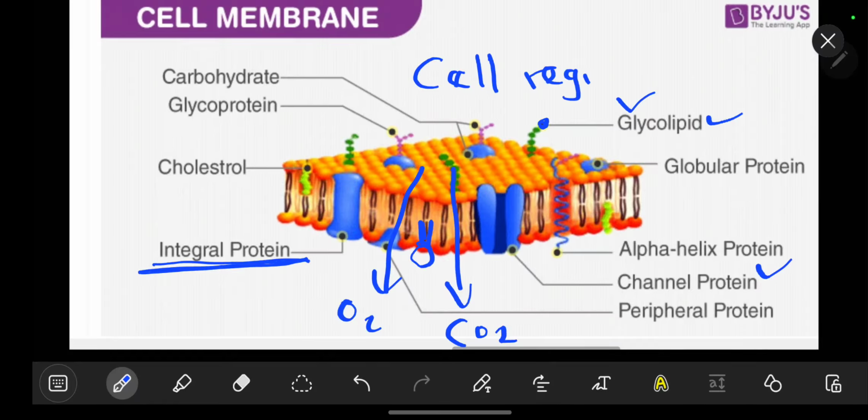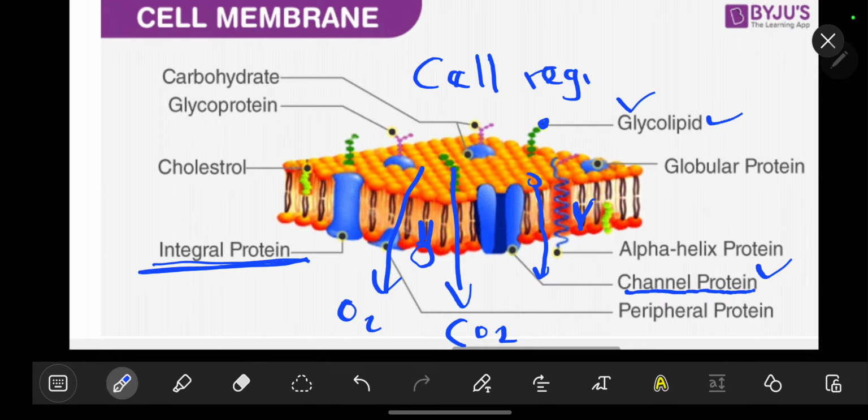Other substances such as water can pass through here, but due to the fact that the tails of the phospholipids are hydrophobic, meaning they don't like water, they do not easily allow water to pass. Therefore, to increase how water passes, water will use what we call the channel protein.